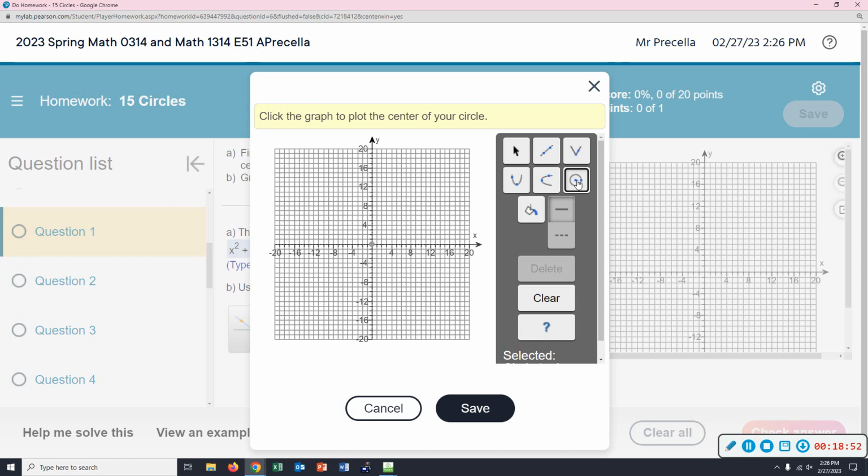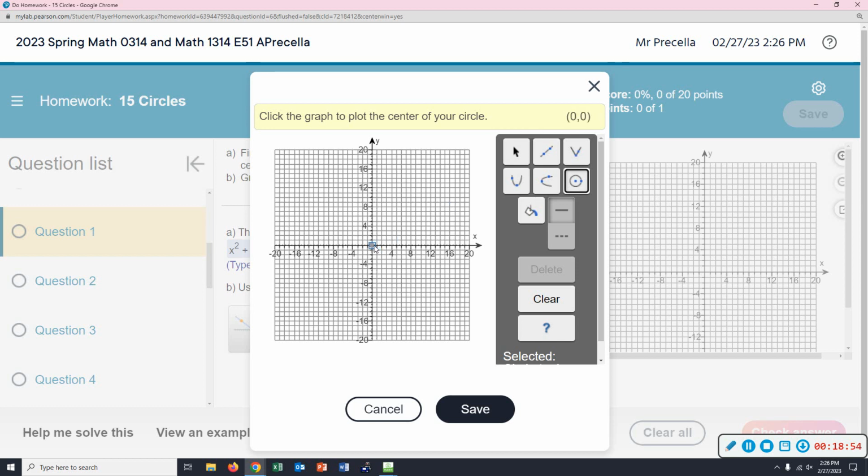What was the center of it? 0, 0. So am I at 0, 0? If you're unsure, especially when there's such a big graph like that, look in the upper right-hand corner of that yellow rectangle. 0, 0.